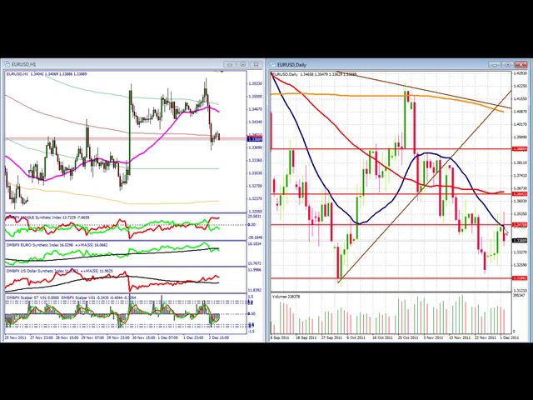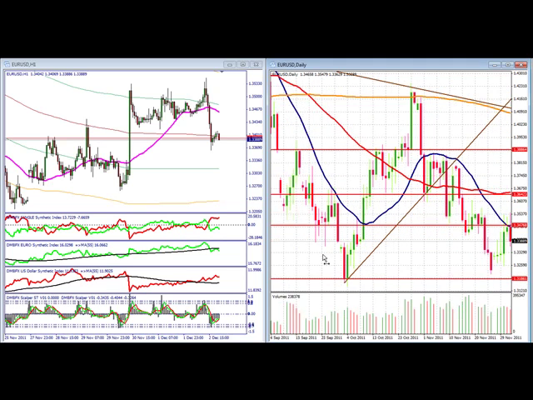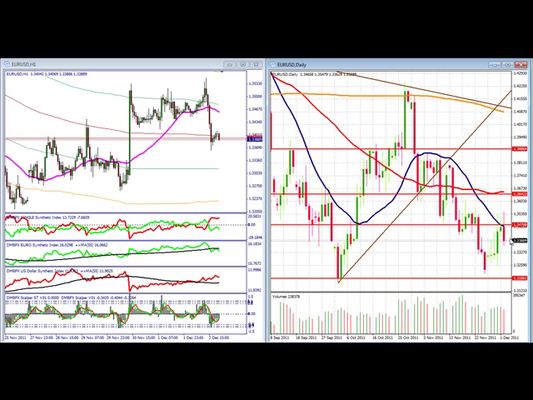Failed it again on Thursday, and on Friday we kind of gave up the ghost and pulled back from there. So what's going to be a catalyst here as we're in December and many traders are taking the money out of the market and preparing for 2012? What's going to be our catalyst to get us out of this range, specifically above the 20 to 50 moving average here, but first initially above 1.347.